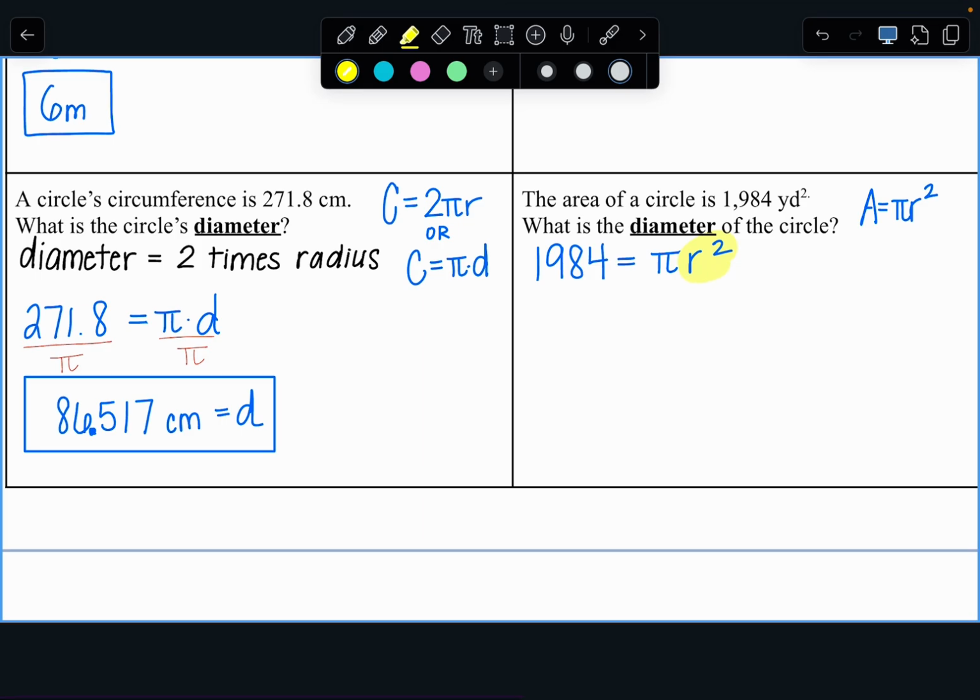To get this part by itself, we have to get rid of pi first. So divide by pi. We get 631.527 equals r squared.